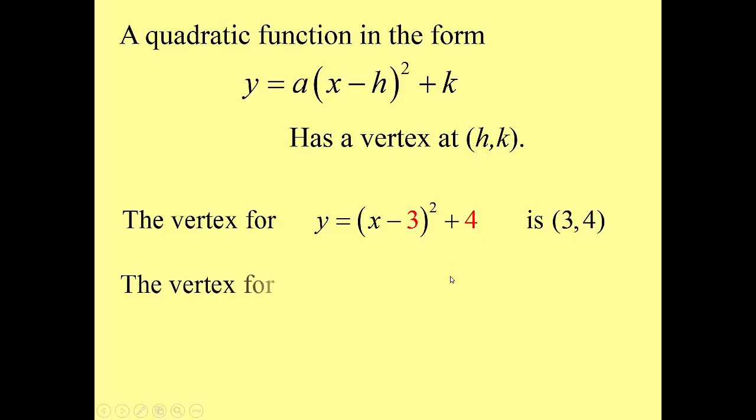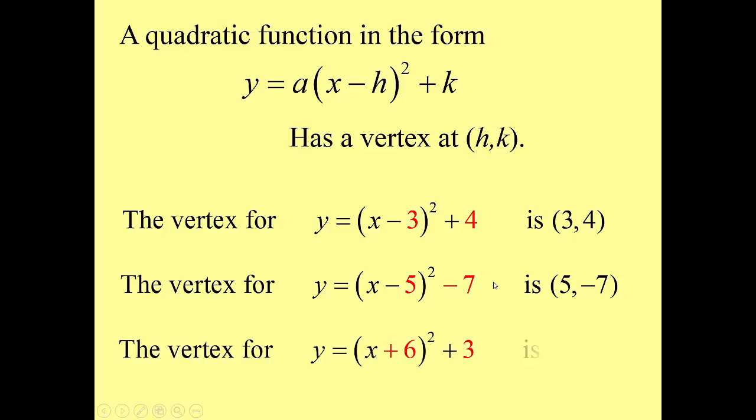Now remember, the signs are a little strange to deal with. Here, the 5 and -7 are the vertex. And on this one, if it's x plus 6, that is x minus -6. So the vertex would be -6 and 3.